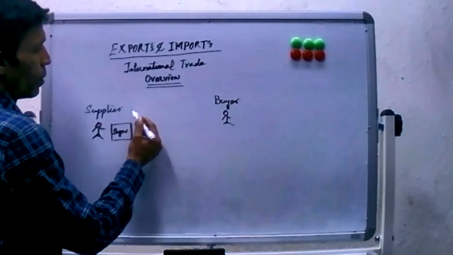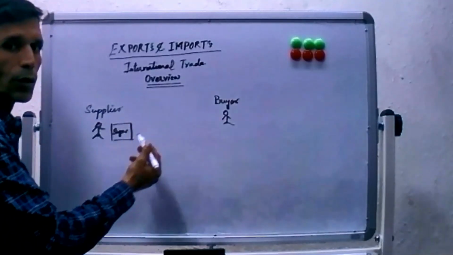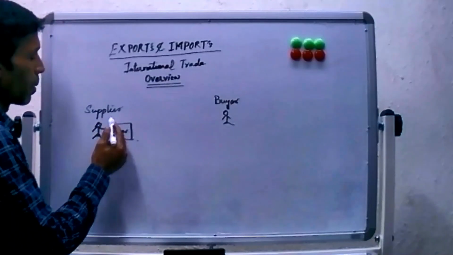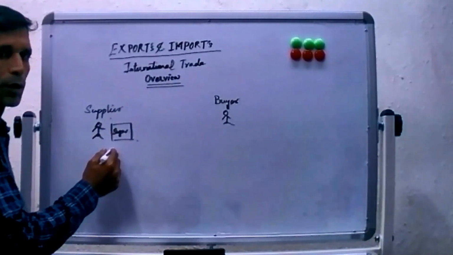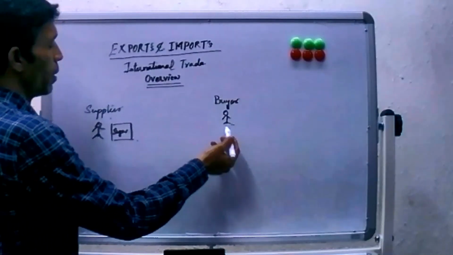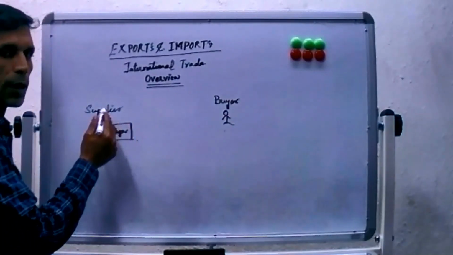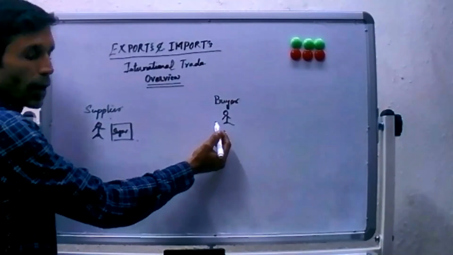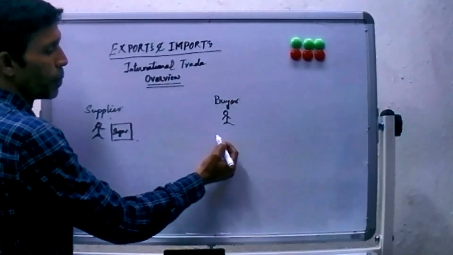These people don't know each other. This supplier of sugar doesn't know the buyer, and the buyer does not know the supplier, but the buyer has a requirement for sugar.